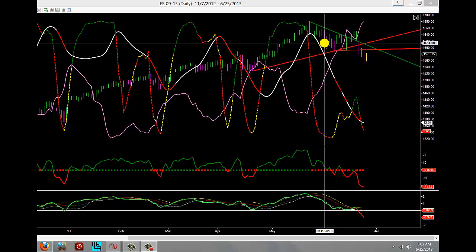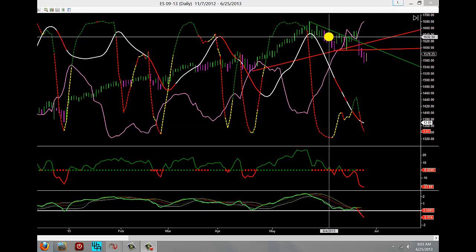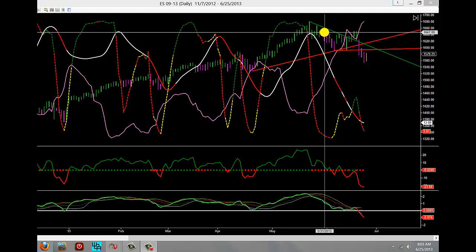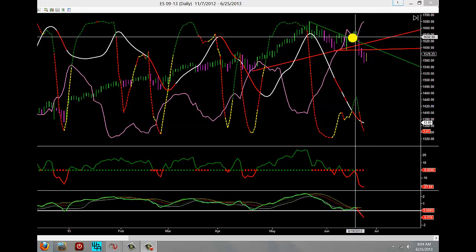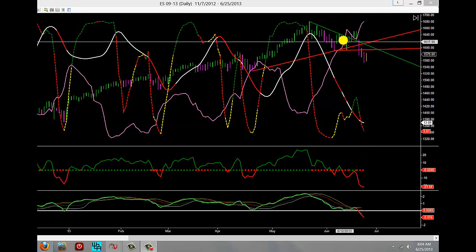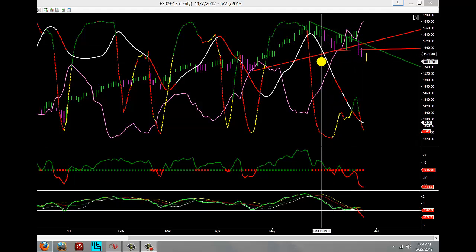I said it looked like the market might be moving down from there, and I don't pretend to be able to predict the market, but that was the highest point recently of the market, and it has been down since then. It's a very slight pullback here, but basically it has been on a downtrend in through here.